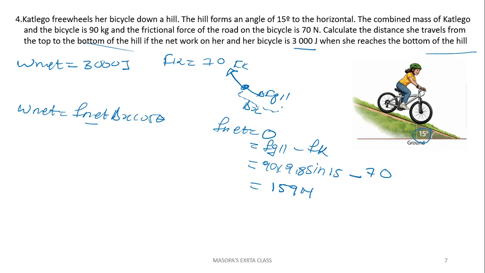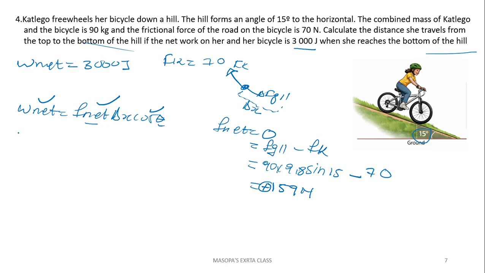Now when you go back, we can see that work net is given. We looked for F net. We know the cos theta. So if our F net is positive here, it means cos 0. You know? So if we found that our F net is negative, it means we're going to use cos 180.